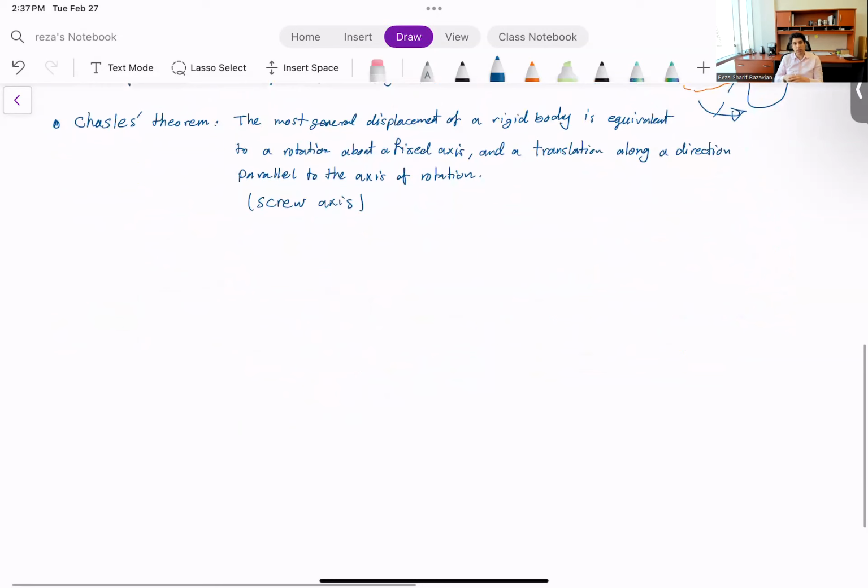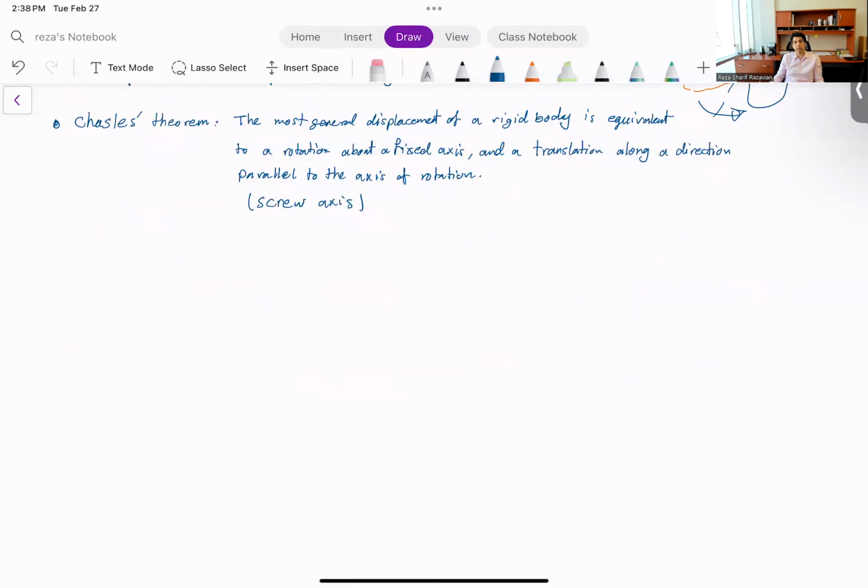What you can do is consider this at an infinitesimal displacement. So you have a body that undergoes a small change in position and orientation.